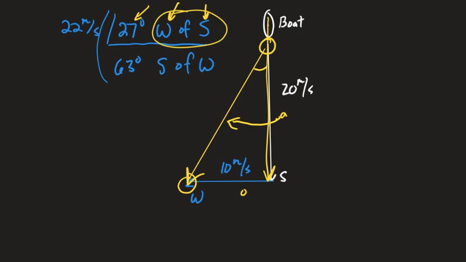Now, the truth is this is not at the level I would like you guys at. What I would really prefer to see is vectors that are already perpendicular to each other.